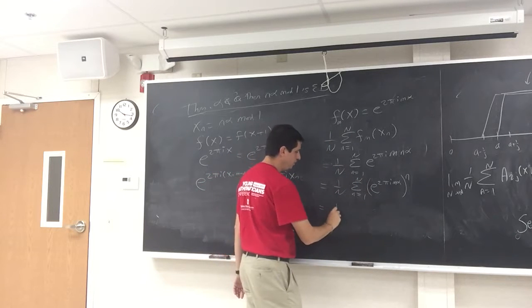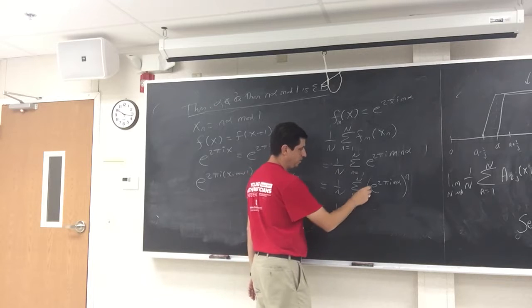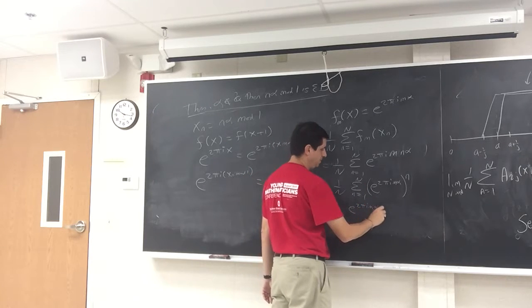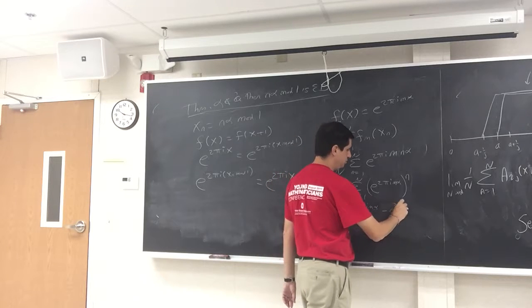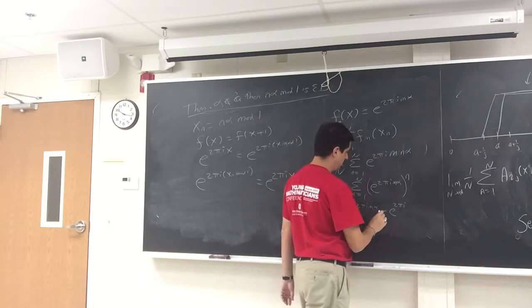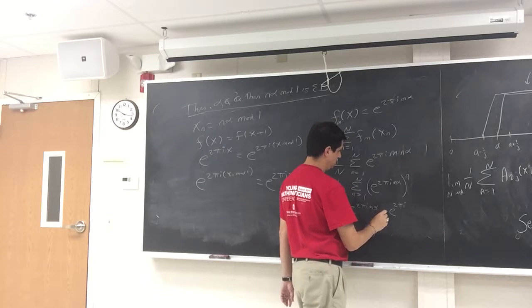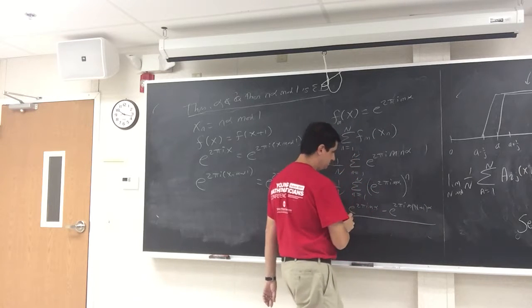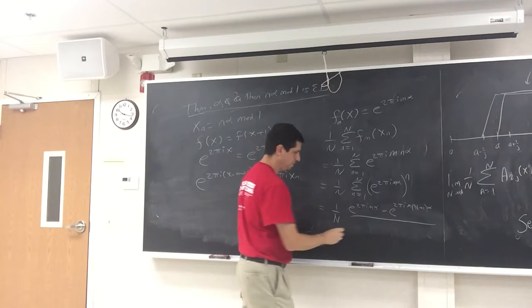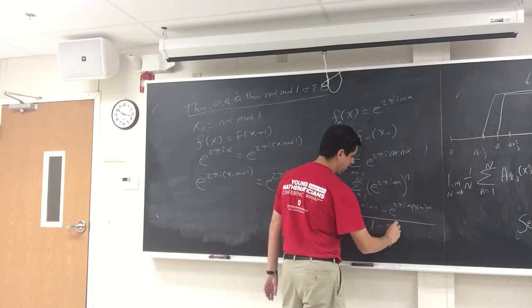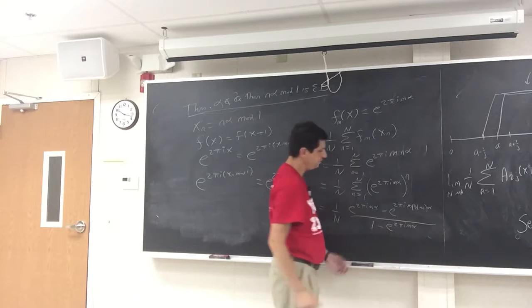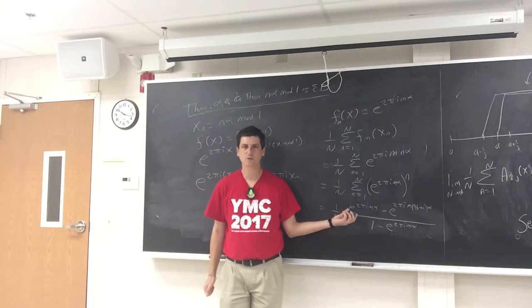So this is 1 over N. And now this is going to be e to the 2 pi i m alpha minus e to the 2 pi i m (N plus 1) alpha, divided by 1 minus e to the 2 pi i m alpha. Is this always correct, or do I have to worry about something?